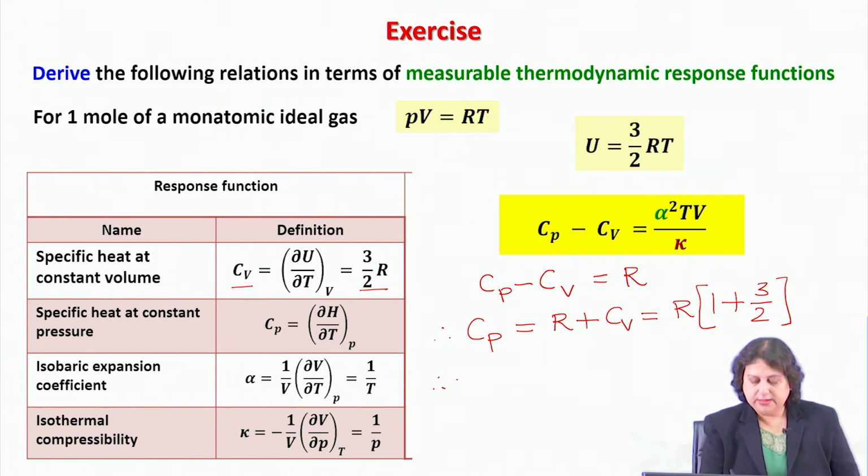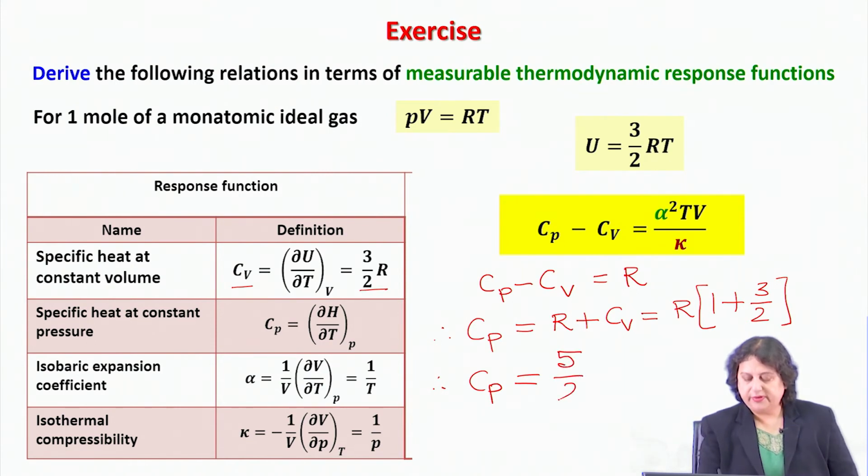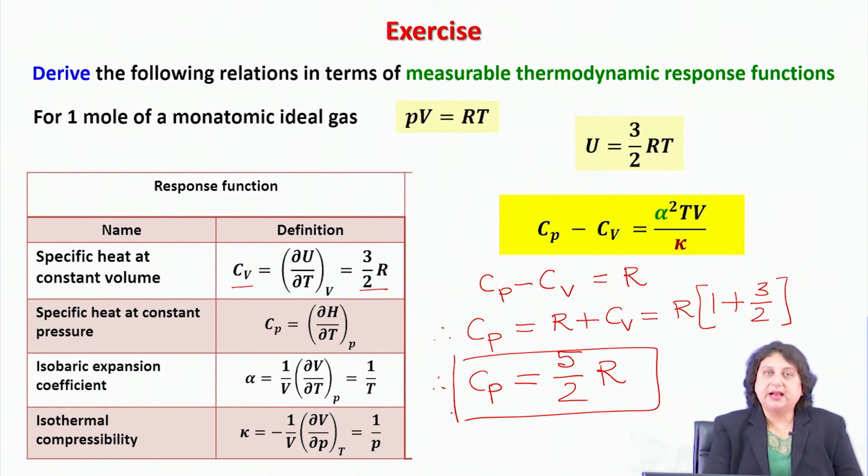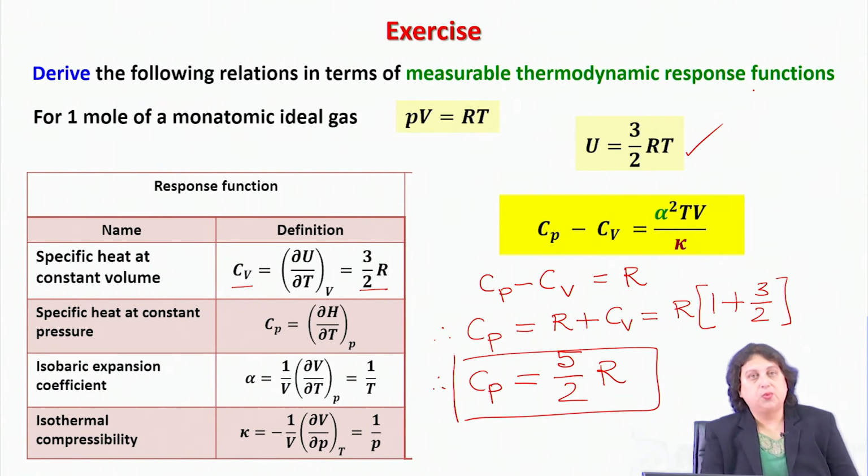And therefore, Cp for 1 mole of this monatomic ideal gas turns out to be 5 by 2 R. So, that tells me that knowing the ideal gas equation and also the internal energy as a function of temperature in this case, we can also evaluate what the specific heat at constant pressure would be.